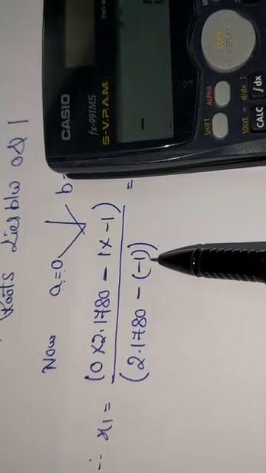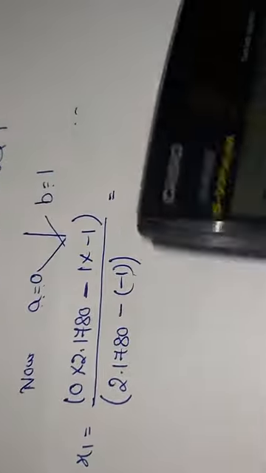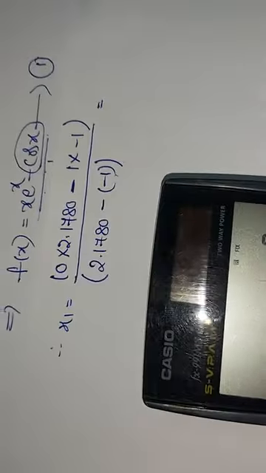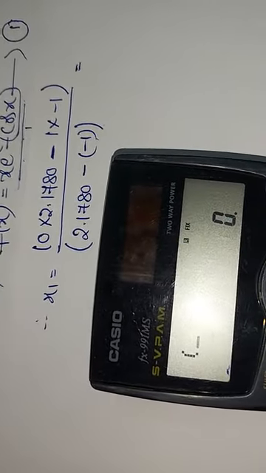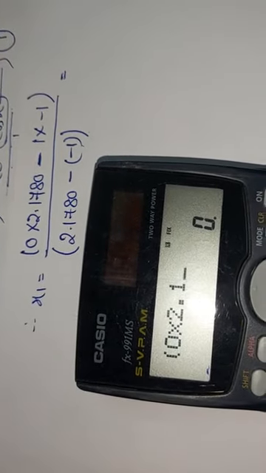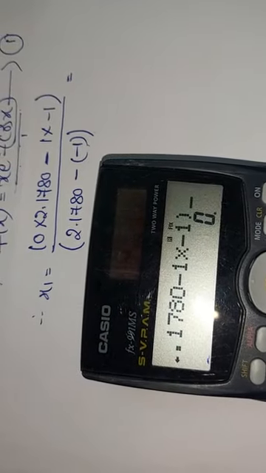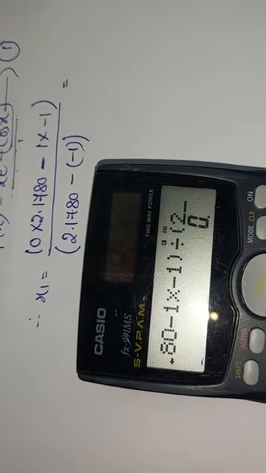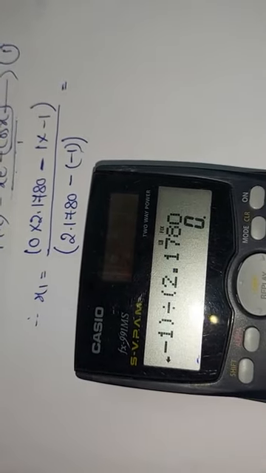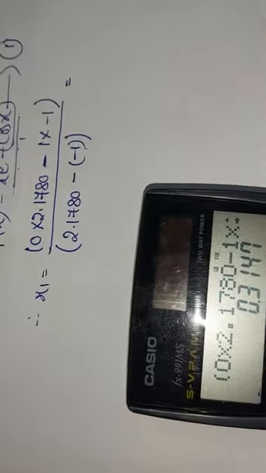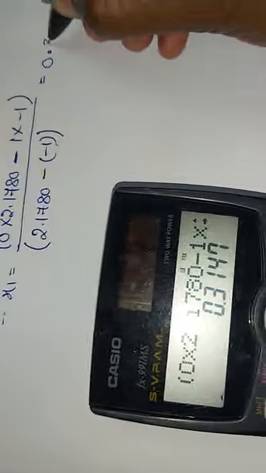That is, I can take it as 0 into 2.1780 minus 1 into minus 1, divided by 2.1780 minus 1. Okay, what is the value of that one? 0.3147, right?